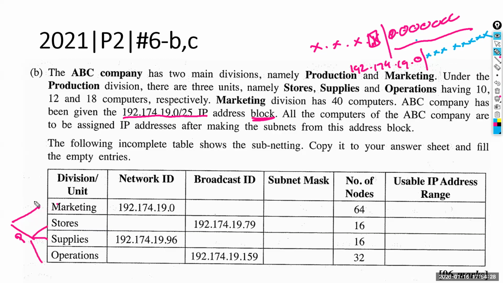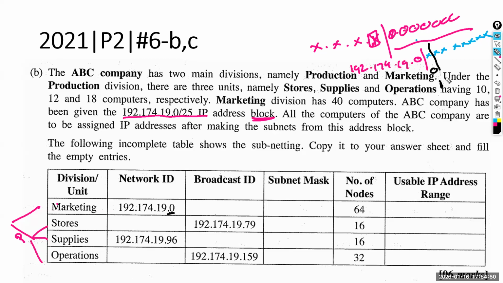Okay. To break it into these two, we will take one bit. That means we are going to break it here. And we can assign 0 for one, 1 for the other one. If you take 0, the network IDs, remember we can have 0 here, 1 here. So let's take the 0 one because this is 0.